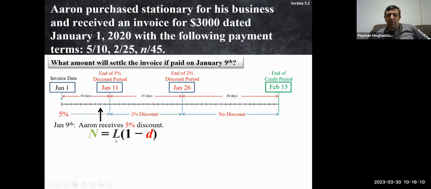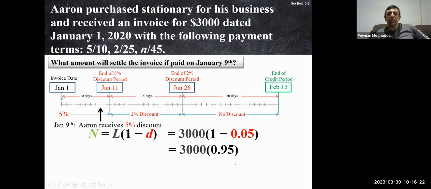Net price is list price times (1 minus discount), right? The discount in this case is 5%, so it's going to be $3,000 multiplied by 95%. It's going to be $2,850. That's $2,850 if paid on January 9.